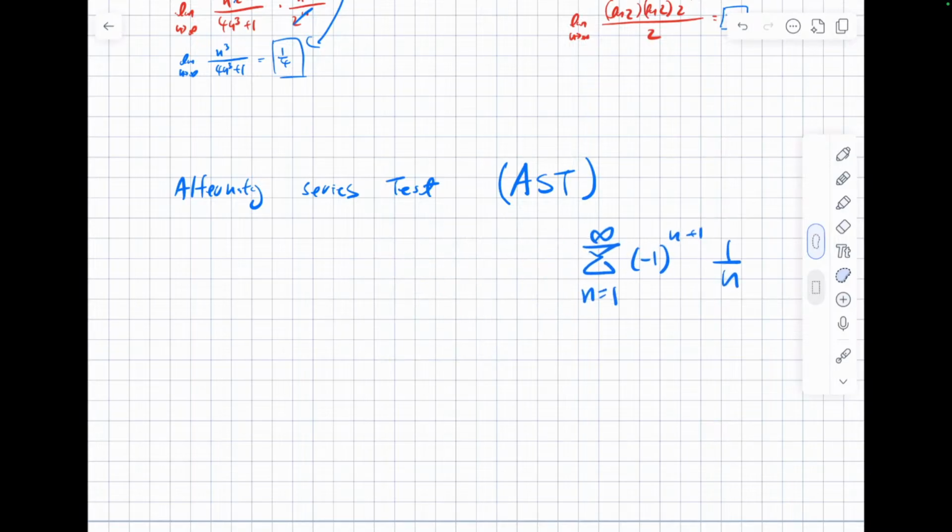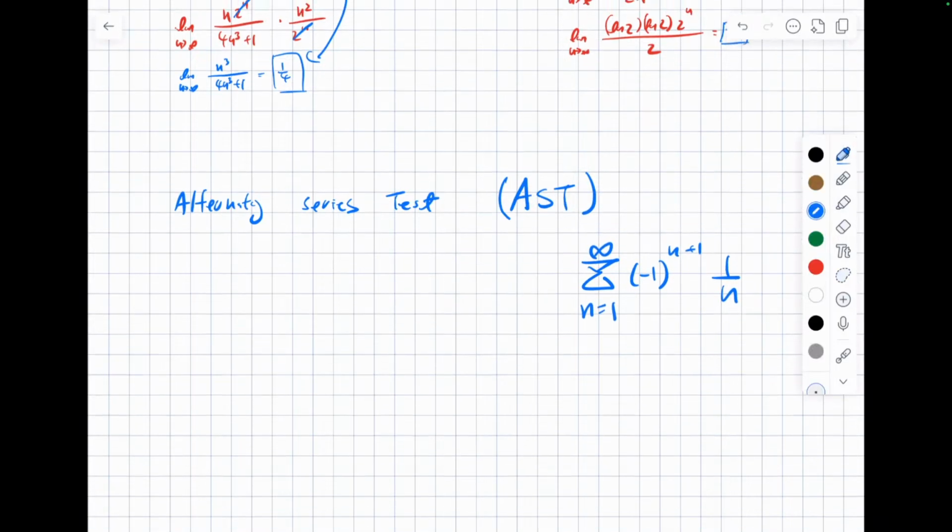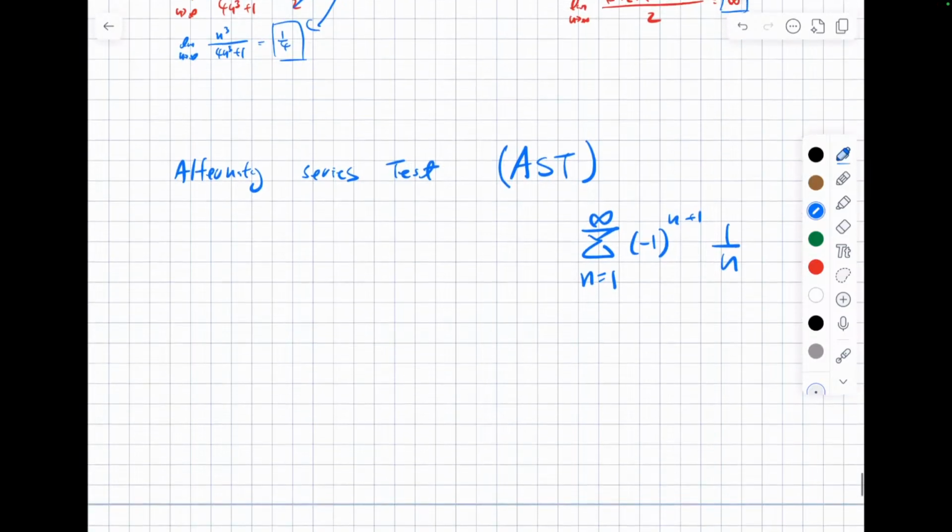That alternating part is this part, right? So this is the alternating part, and this is something else. There's a new name for that, because we're going to mention that in a second.